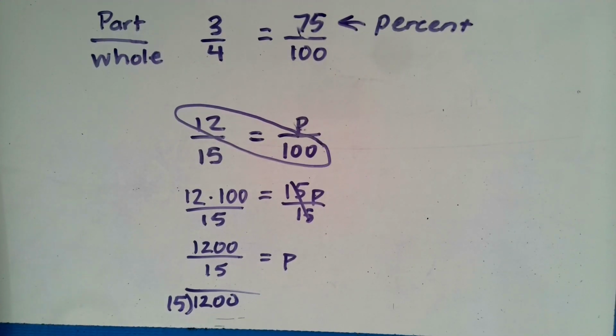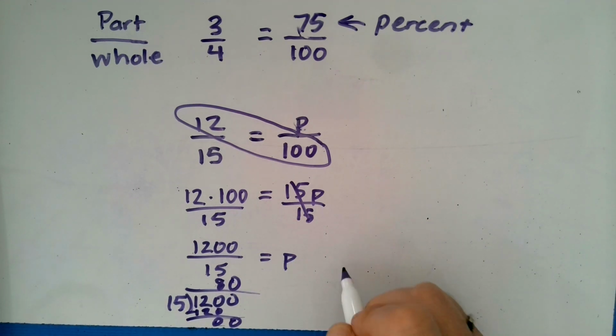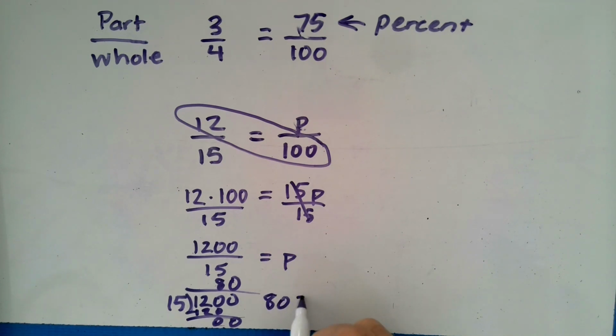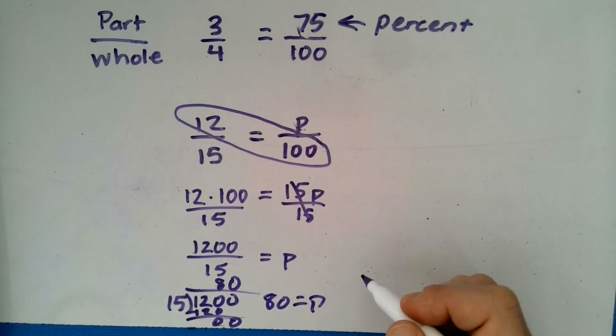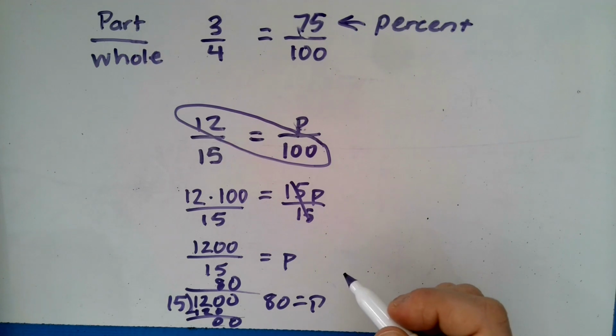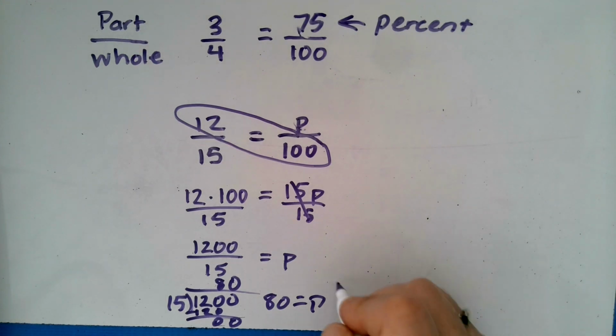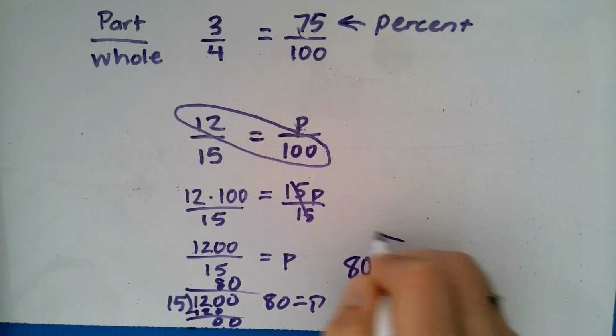You might think 15 times 2 is 30, and 30 would go into 120 four times, so that would be about 8. So 8 times 15 is going to give us 120, which subtracts out to 0, then 15 goes into 0 zero times. So we know p is equal to 80. So our percentage, back to our original problem, what percent of 15 is 12? It would be 80%.